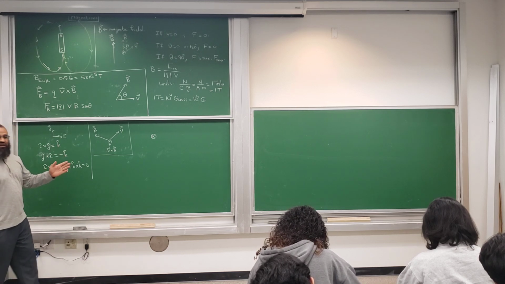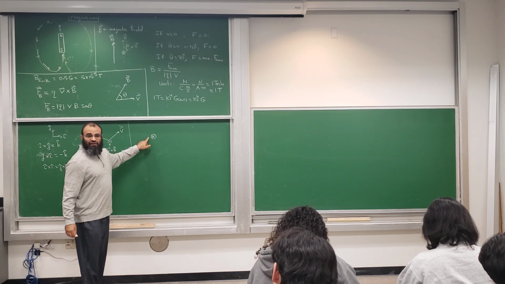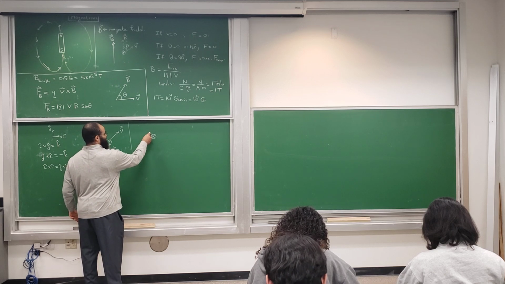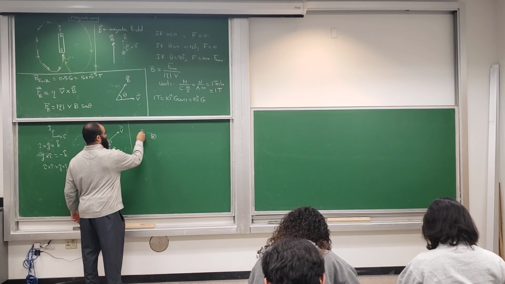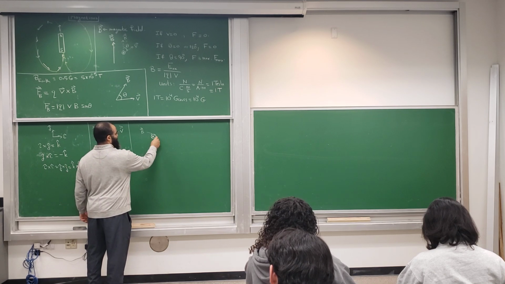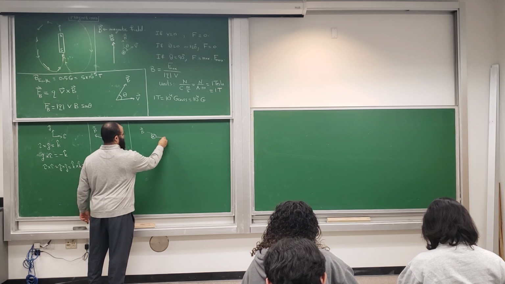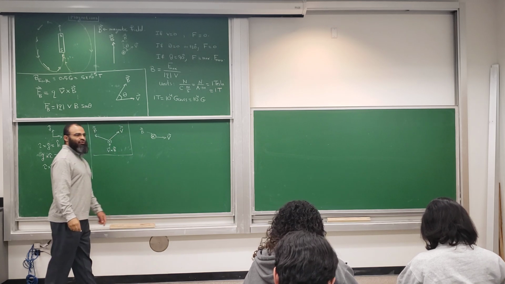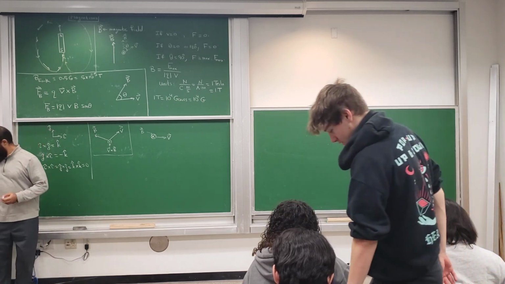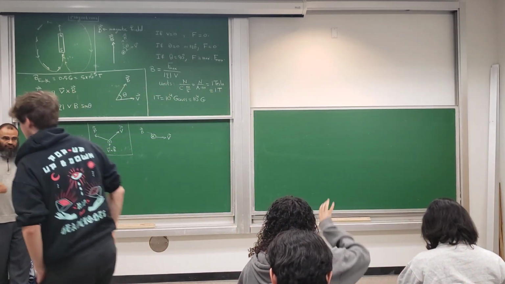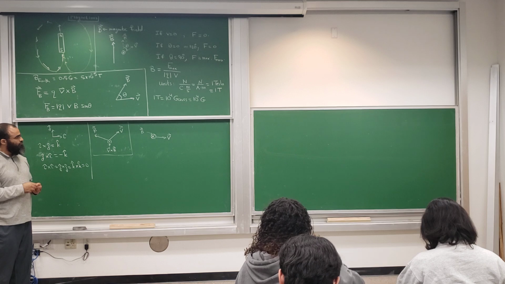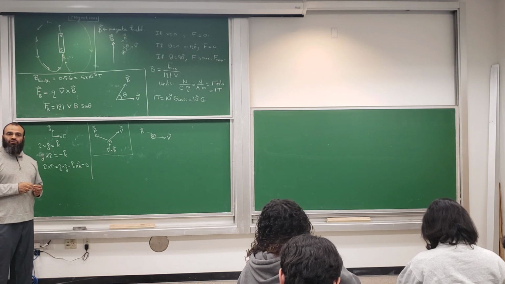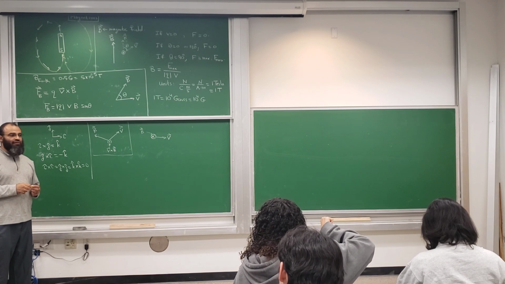So let's say the magnetic field is in. Okay, this is the magnetic field. So let's say here is V. In what direction would the force be? Do your cross product.